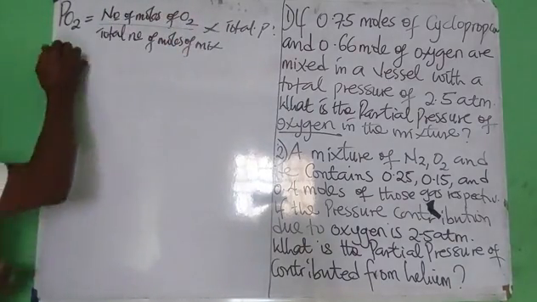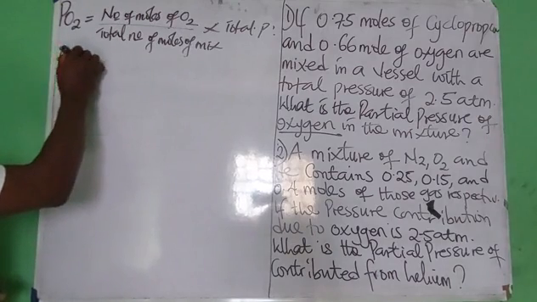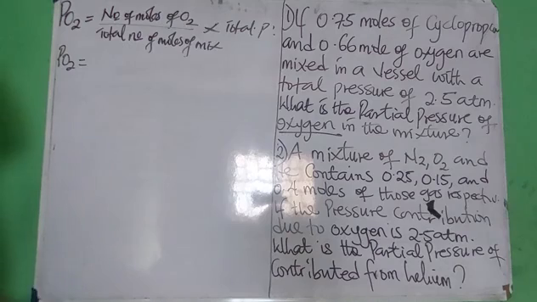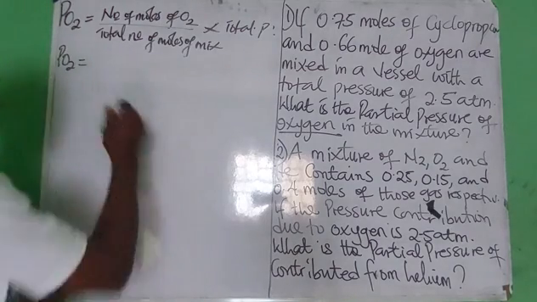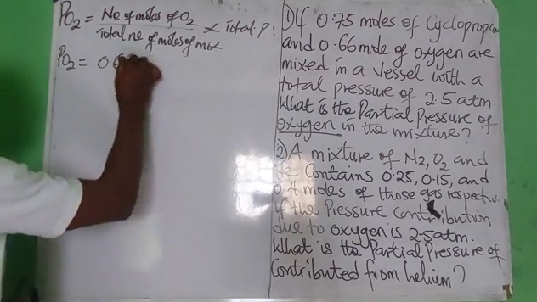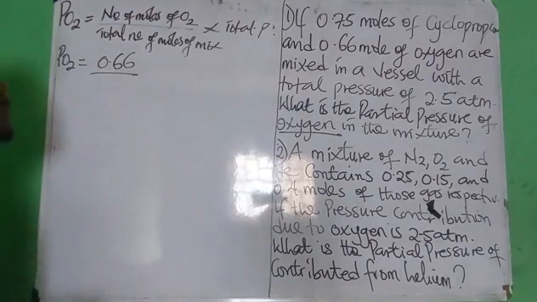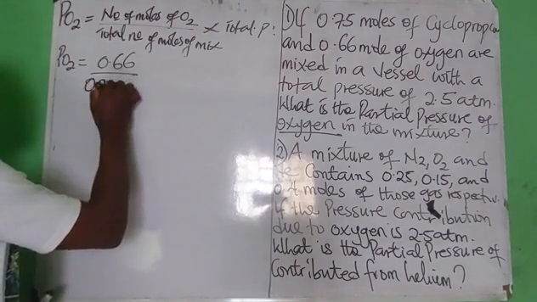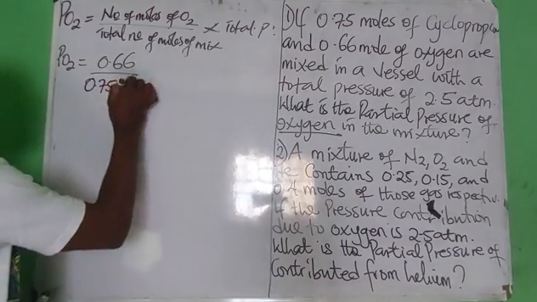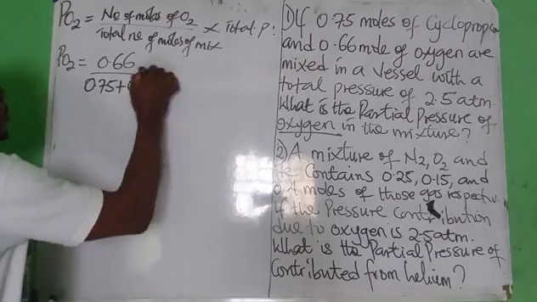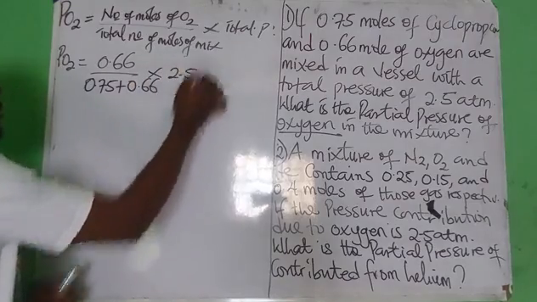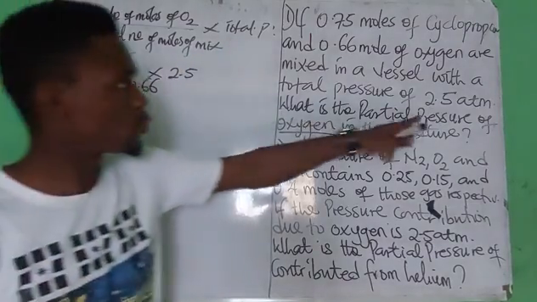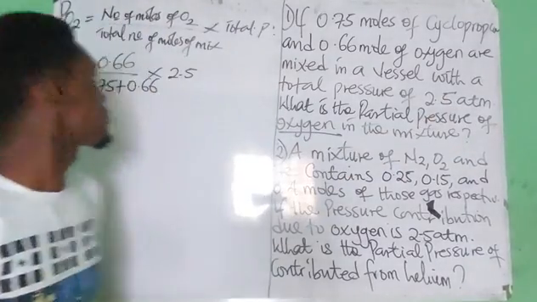Now, from the question, what is the number of moles of oxygen given? 0.66 over the total number of moles of mixture, which means the number of moles of cyclopropane plus the number of moles of oxygen, times 2.5, which happens to be the total pressure given in the question.